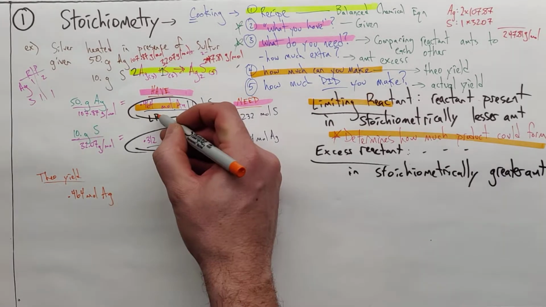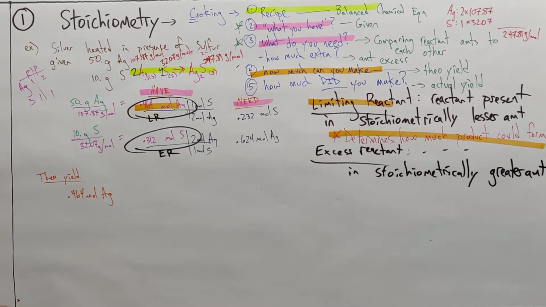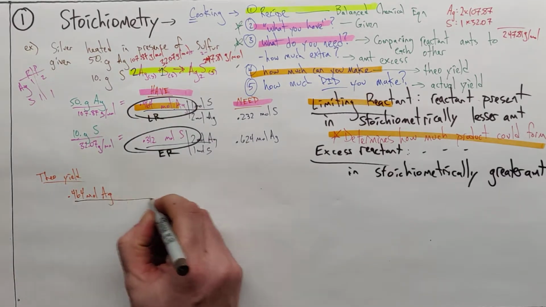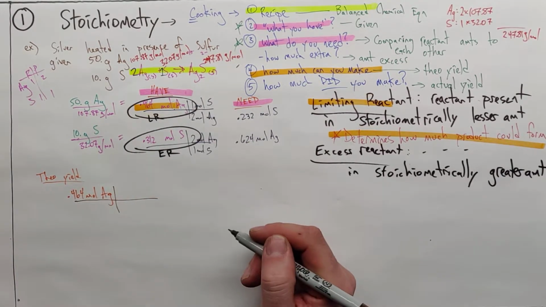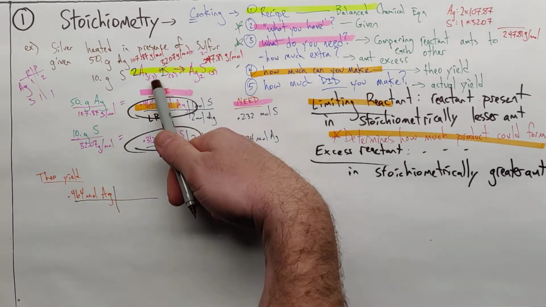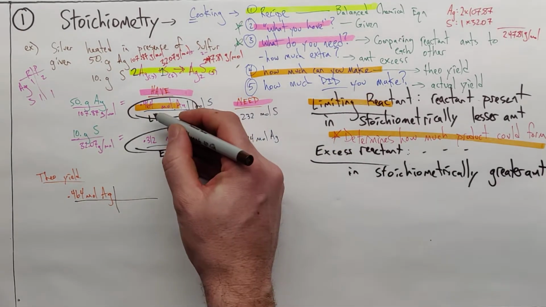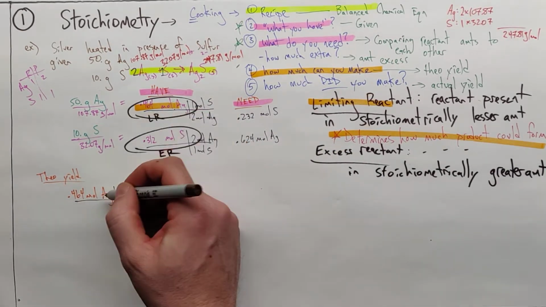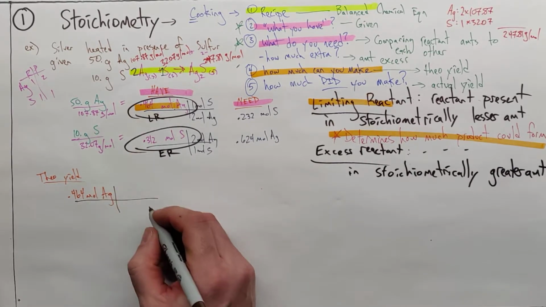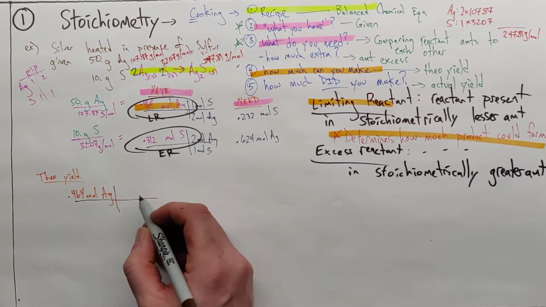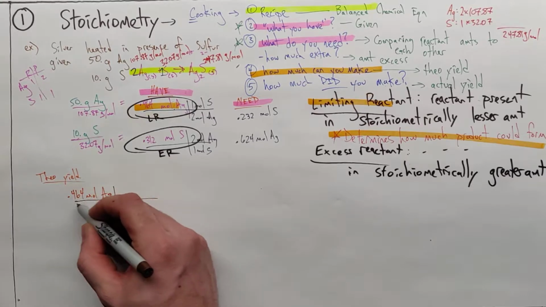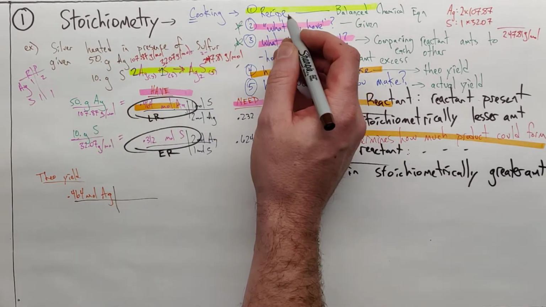That limiting reactant is the one that determines how much product we can make, so that is what I'm going to compare to my products. If you look at the previous videos, we said compare your reactants to each other to find the limiting and excess, then compare the limiting reactant to the products to get a theoretical yield, and that's what we're doing here. Everything after the first box comes from the balanced chemical equation.